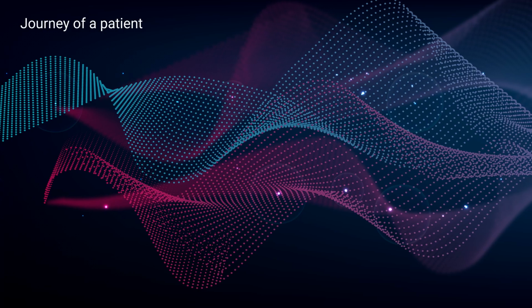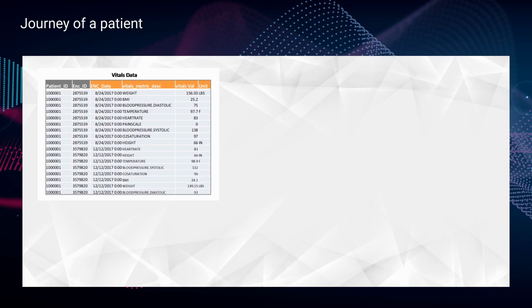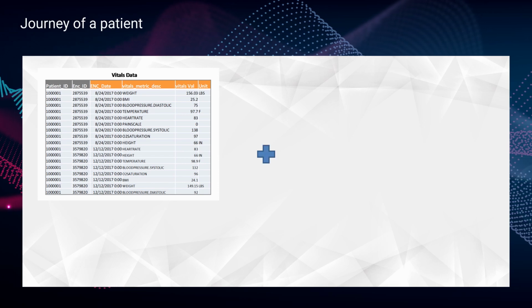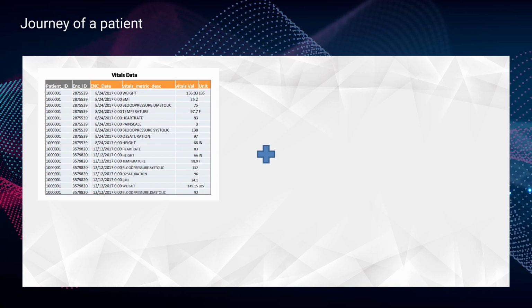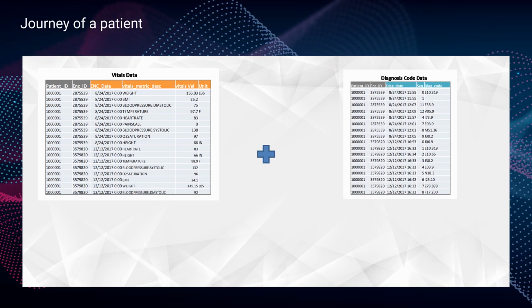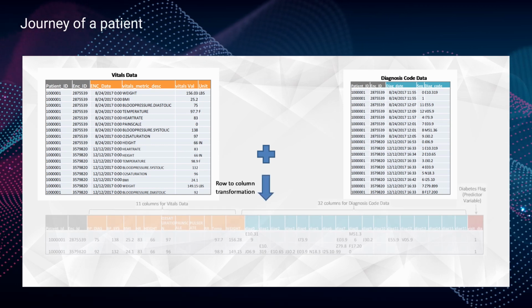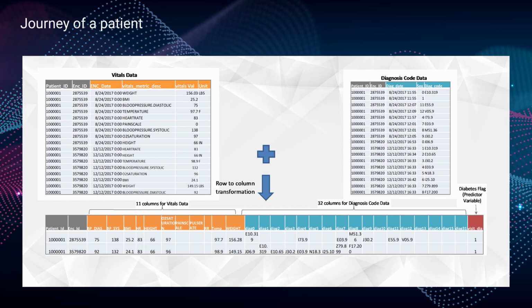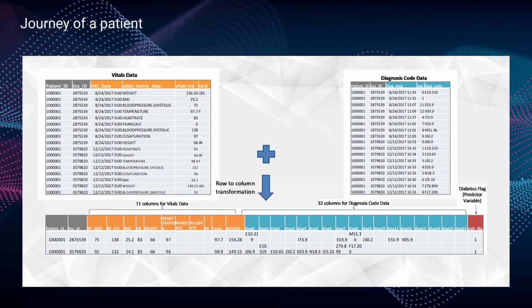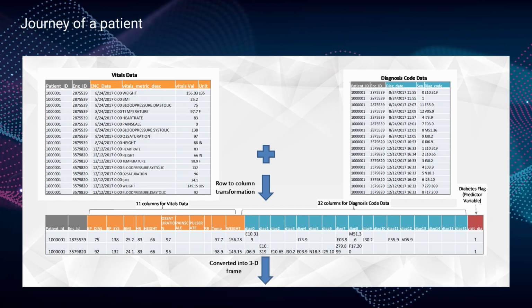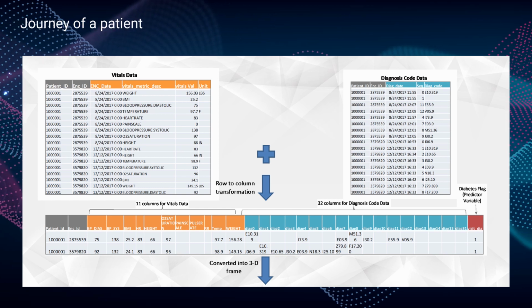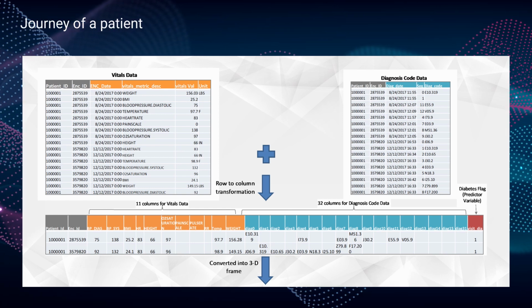Now let's go through how the data frame is constructed. As mentioned earlier, the 3D construct is built based on the 2 prior visits, where the vitals data and the diagnosis data for a patient from 2 separate encounters are considered. These 2 sets of data are then transformed into rows with 2 separate encounters that include both vitals and diagnosis, which is converted into a 3D frame which is used for analysis.